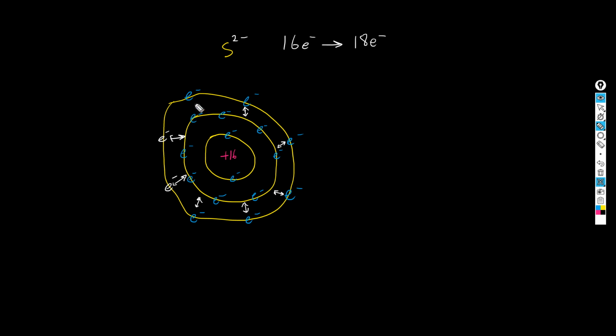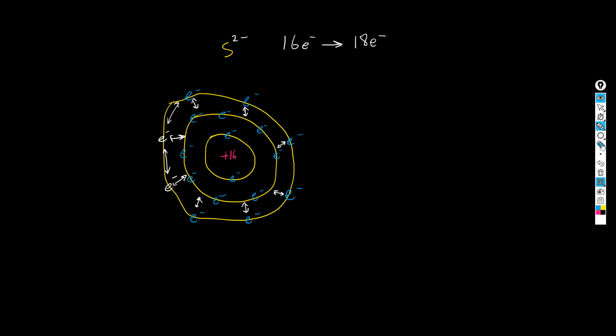When I add these 2 electrons, I'm adding more repulsion for those inside layers and more repulsion between the electrons in that outside layer. All this repulsion causes this +16 charge in the center of the atom to mean less, to be kind of downplayed by the repulsion that I have added.